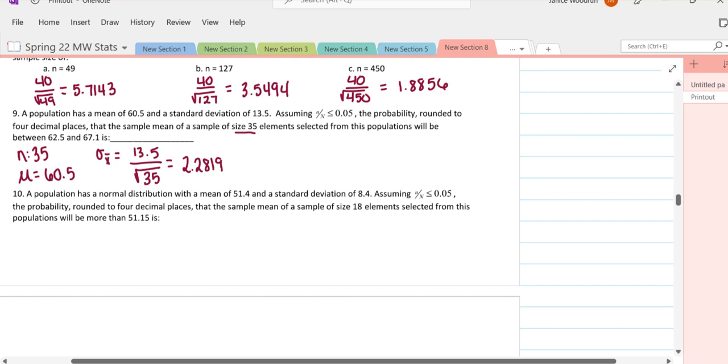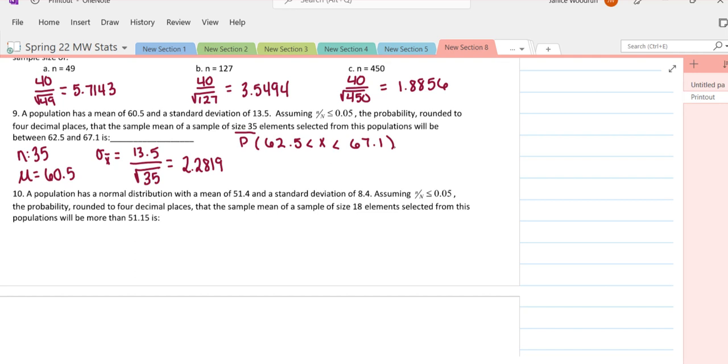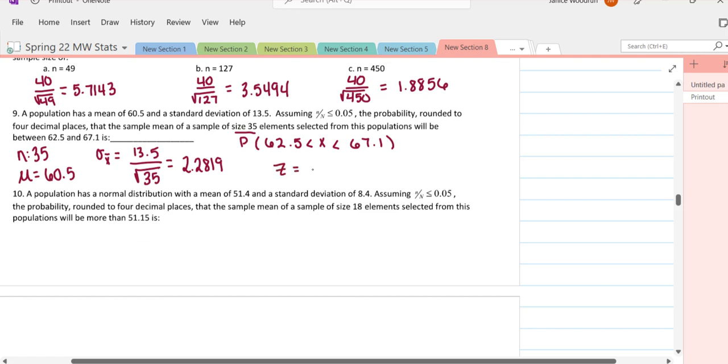Okay, and what we want to find here is the probability that x bar is between 62.5 and 67.1. So let's go ahead and get our 2 z-scores. Our first z-score will be with 62.5. So 62.5 minus my mean, 60.5, divided by 2.2819.